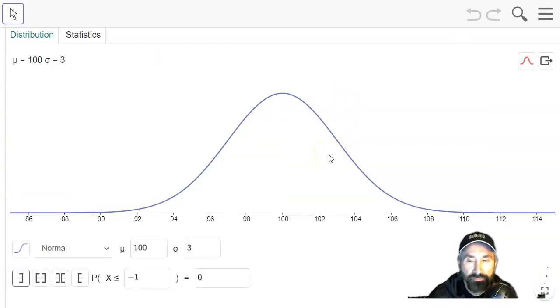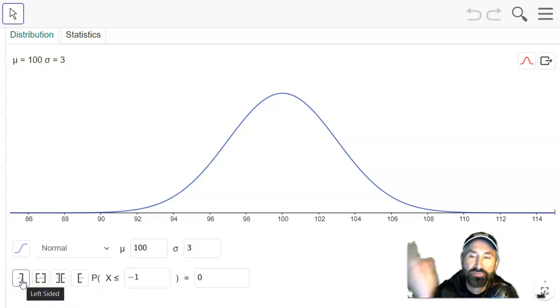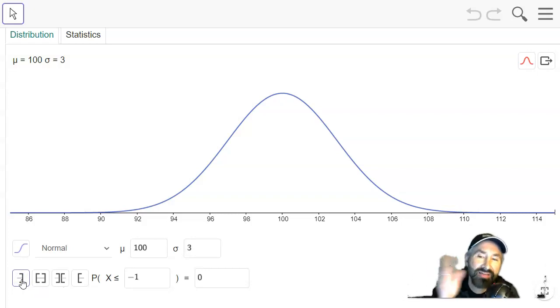Now, for those of you who have been wondering, why did we have to spend all that time looking at z-tables? Well, it turns out that even using calculators like this, sometimes, well, I guess this particular calculator, we could have gone to the right or to the left, but a lot of times calculators like this will expect you to put in the number to the left of the z-score you're interested in, or the x value you're interested in.